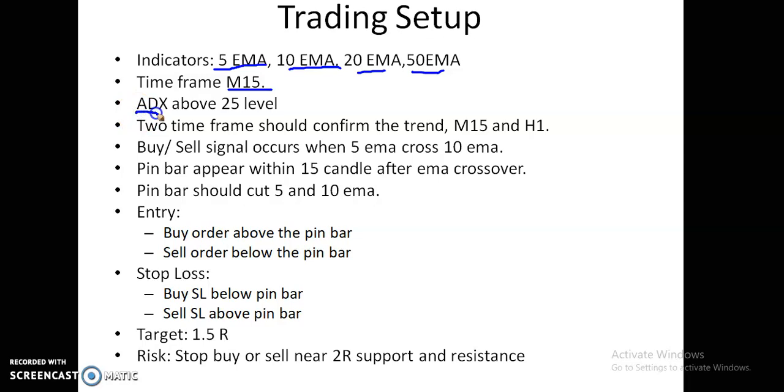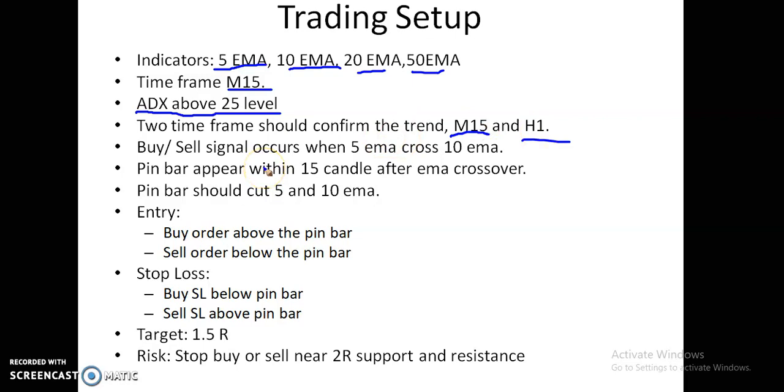We also need ADX, and when we use this strategy, ADX should be above the 25 level. Before you apply this strategy, confirm 2 time frames. If you want to trade on 15 minutes, check the 15 minute and the H1 chart. If both time frames show an uptrend, we look for buys. If both show a downtrend, we look for shorts.